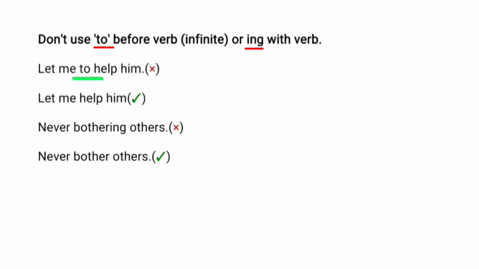You can't use to before the verb first form. Let me help him. This is the right one. And in the next sentence, never bothering others. You can't use ing with imperative sentences. So this is wrong. Never bother others. The verb first form is always used. So this is the right one.